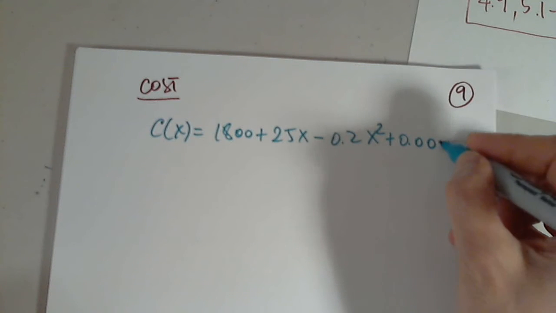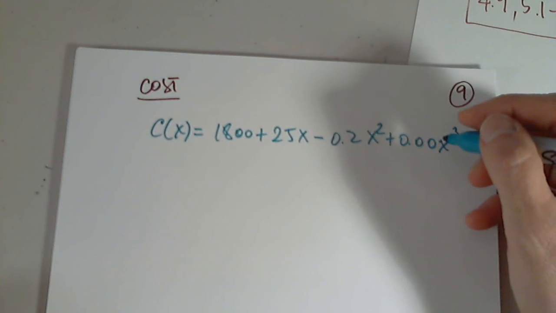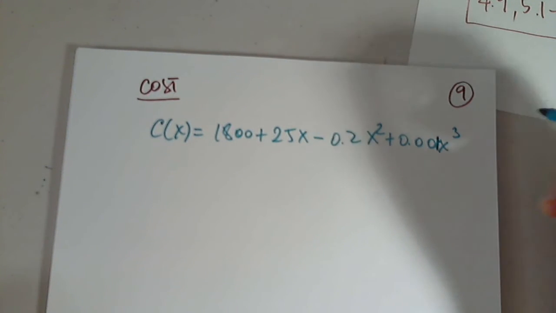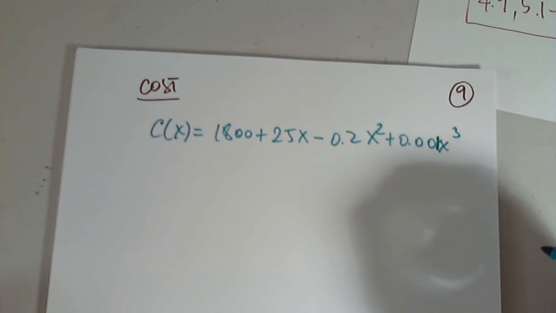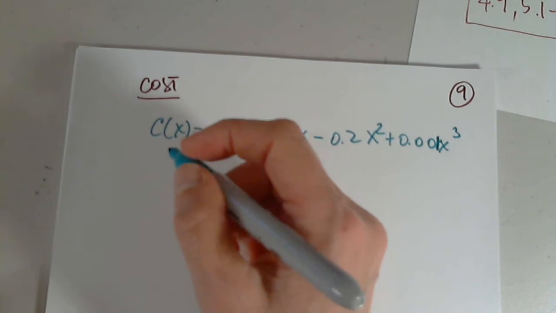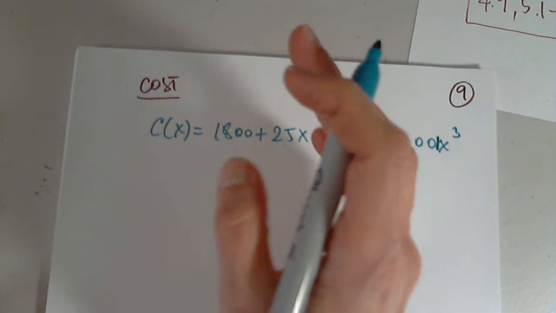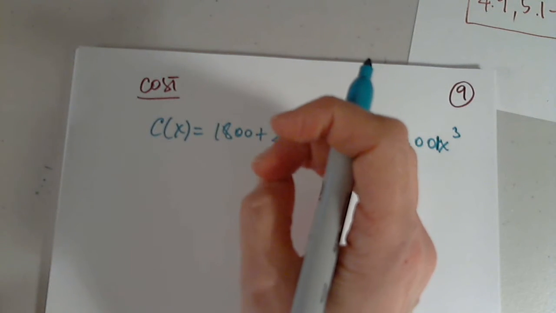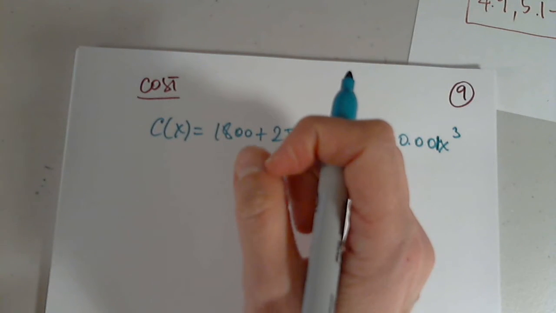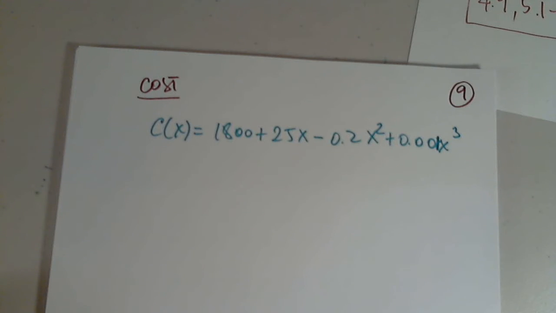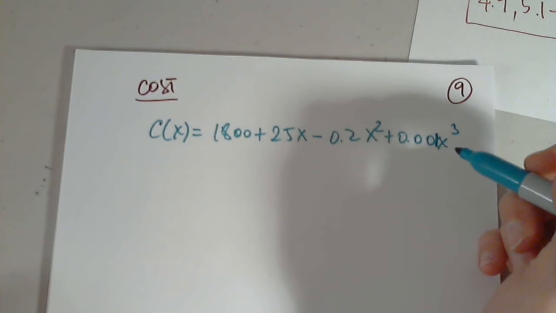X to the third. Oh, 0.001 x to the third. Okay, so there is something different. I'm sorry, I didn't read the whole thing, but it says also. Okay, let's read it. A manufacturer determines that the cost of making X units of a commodity is this.